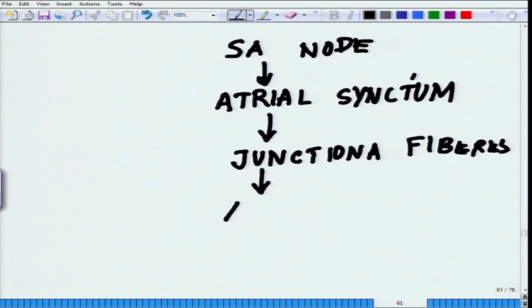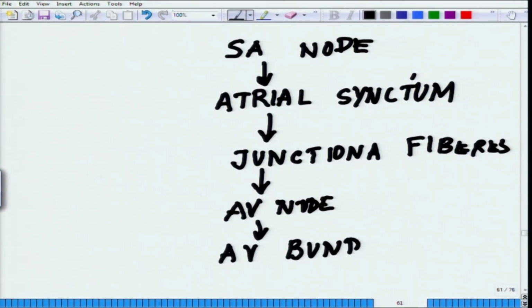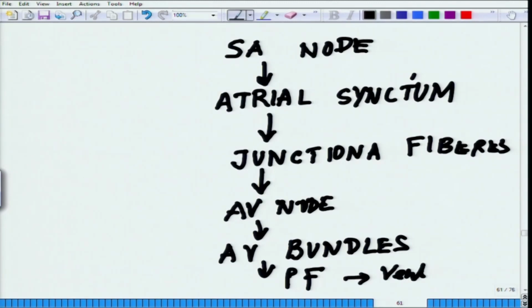From there, it moves on to the AV node. From the AV node, it moves to the AV bundles, atrioventricular bundles, and from the AV bundles, it moves to the PF, the Purkinje fibers, and from there, it moves on to the ventricular syncytium. The complete ventricular chamber gets excited.